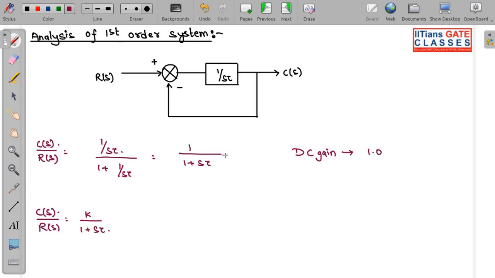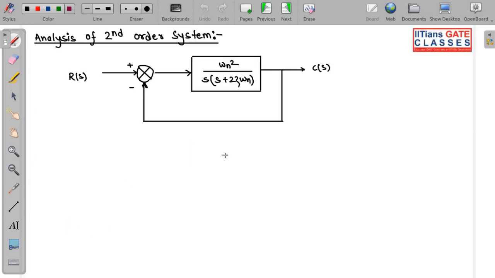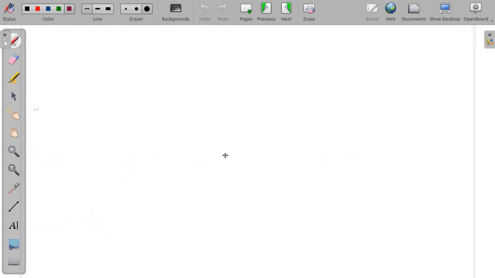Now let us one by one try to derive the outputs or responses for different inputs. So case 1 let us take is the unit impulse response.